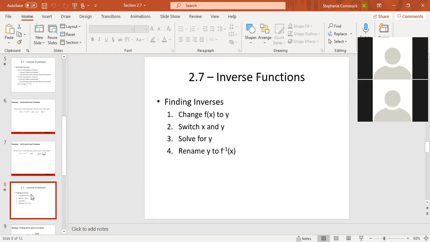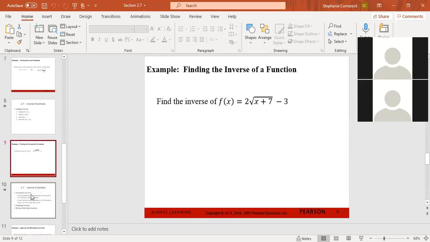Then you're going to re-solve that for y and get y by itself. So we're going to see a lot of peeling the layers of the onion away. Once you have y back by itself, that will get renamed to f inverse, because again, we are custom creating the equation that is going to be that soulmate inverse.